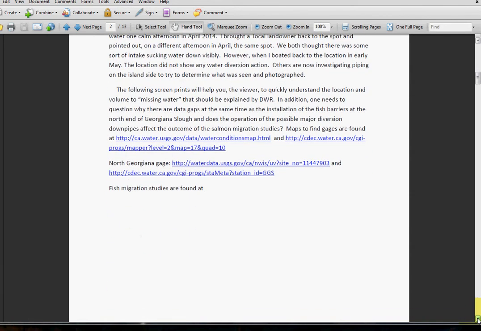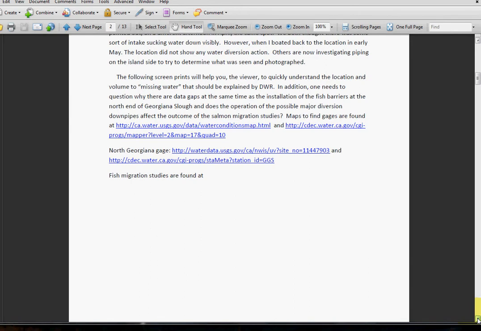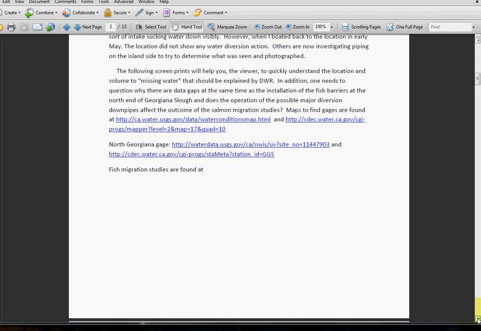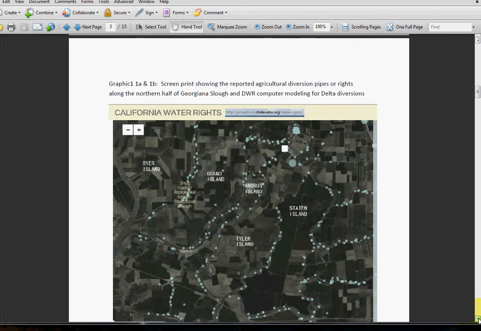You can find the screen prints yourself, and this PDF will be online so that you can click on things to find it yourself. For example, you can click on this North Delta water data gauge for USGS, or CDEC, and get to the same gauge, and unless they've changed it in the last couple of days, it will show you the same data I'm showing you now.